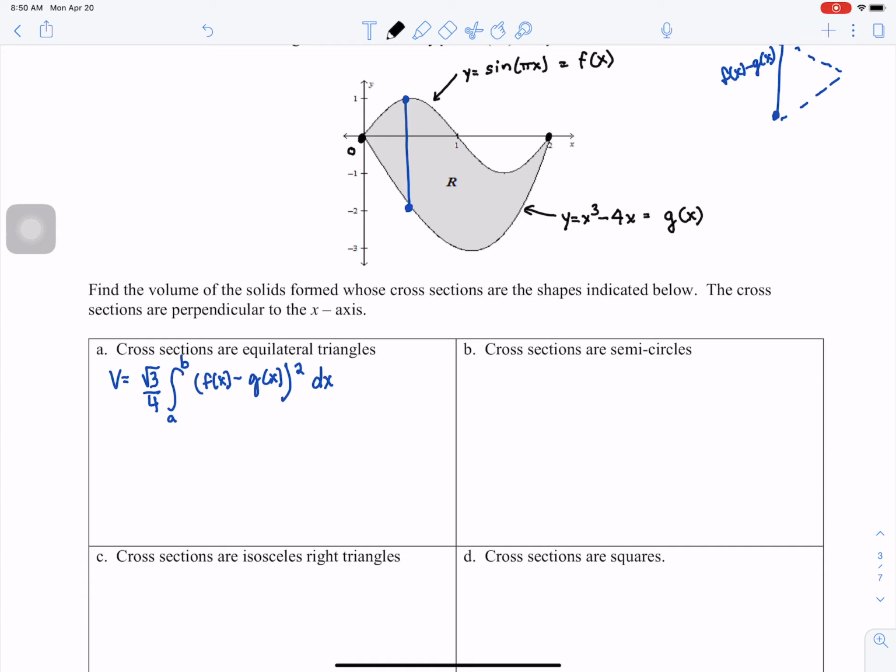So my volume would be root 3 over 4, integral from 0 to 2, f of x, which is sine pi x, minus g of x, which is x cubed minus 4x. We're going to square this function and then integrate with respect to x.